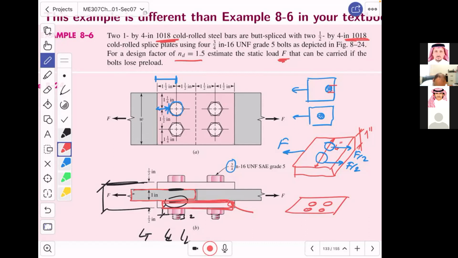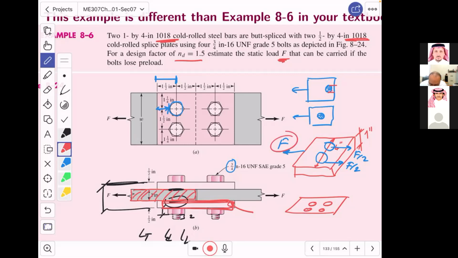The shearing is not going to happen here because this one, the gray one, will cause bearing. And with respect to bearing, you look at the 2 pinks or the gray, it is the same. And we said that with respect to the bearing, if we look at the gray one, we will have the force divided by the 2 bolts.